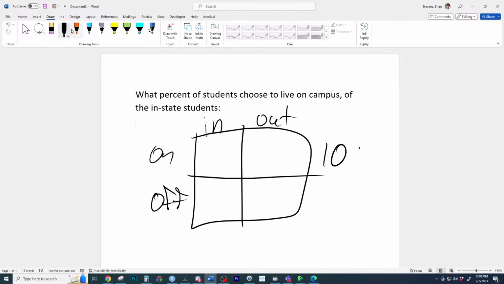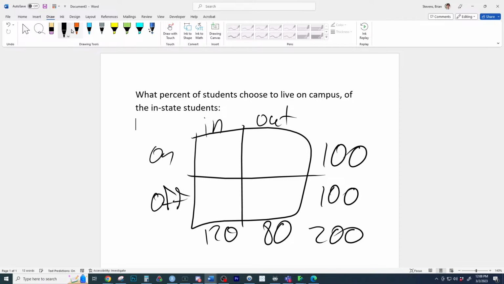Let's say 100 here, 100 here, nice numbers, 200. Let's go in-state 120, out-of-state 80, and then 80, 40, and then this has to be 60, 20. Okay, so what percent of students choose to live on campus of the in-state students?